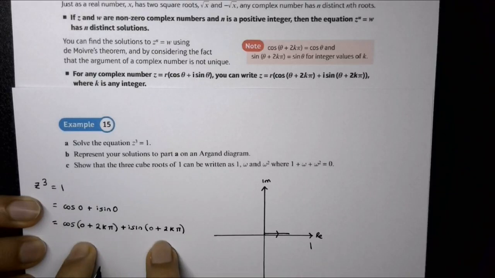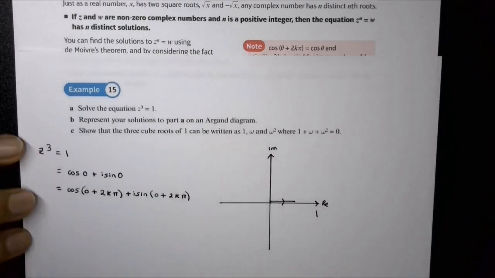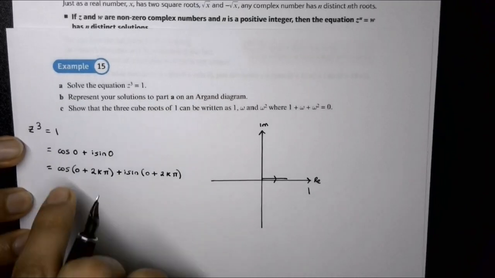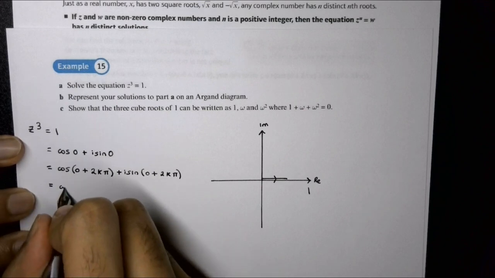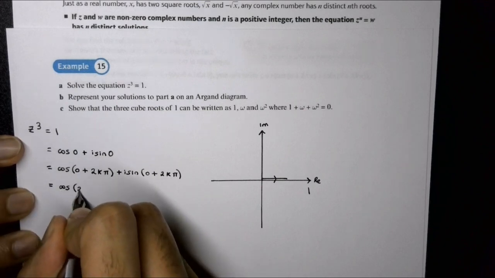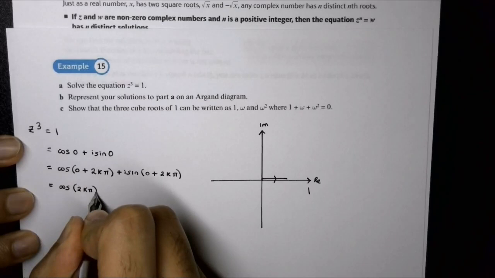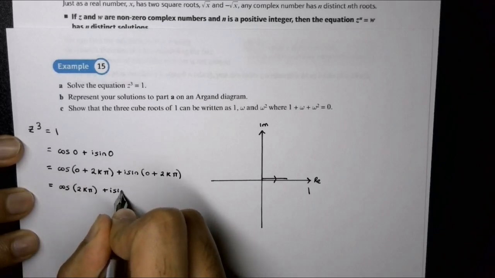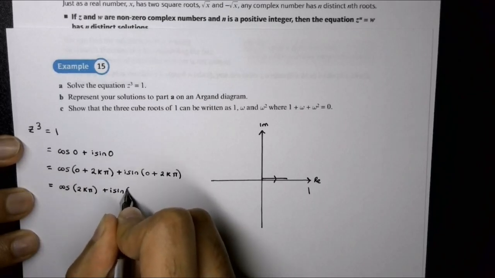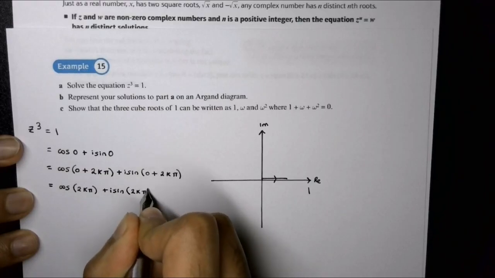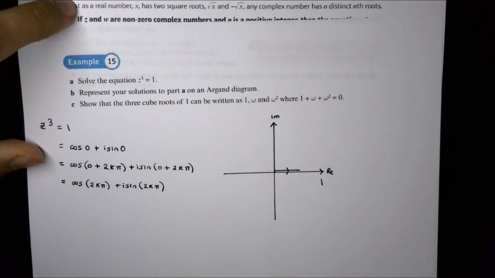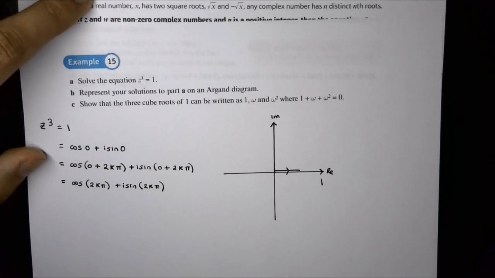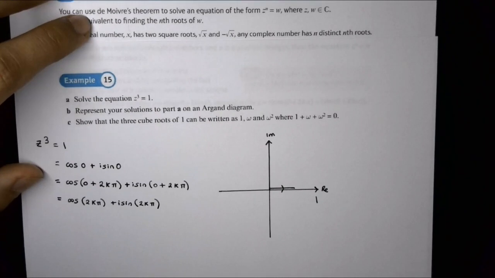And we mentioned why this result makes perfect sense, because sine and cos repeat every 2 pi radians. Of course, 0 plus something is just something, so here we've got cos of 2k pi plus i sine of 2k pi.